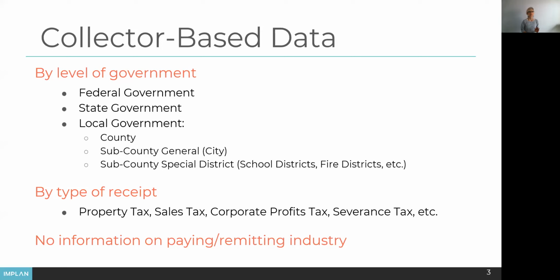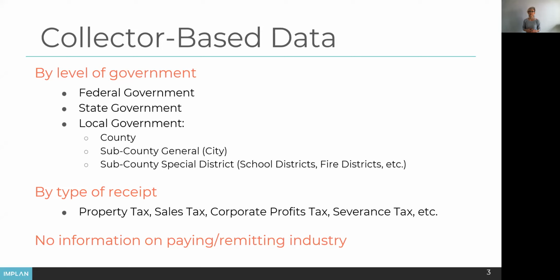Okay, so I'm just going to talk about a couple different styles of data we get, and one style of tax data we get is collector-based. What I mean by that is that it's by level of government. So we have receipts of tax data by federal government, by state government, and by local government, where local means county, sub-county general, which is basically city government, and sub-county special districts.